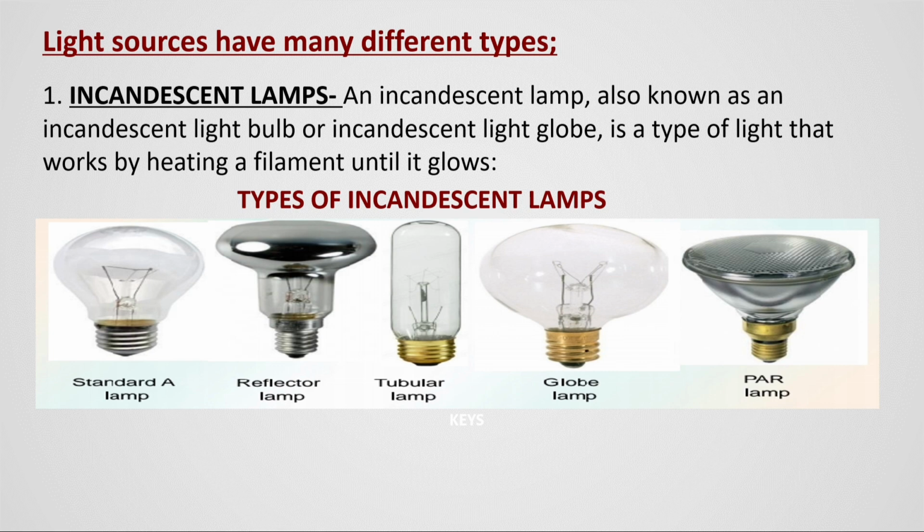Fourth is the globe lamp, a decorative lamp used in bathrooms, sconces, marquee lighting, and decorative fixtures. Last is PAR lamps. PAR means parabolic aluminized reflector. These are lamps with a parabolic aluminized reflector.